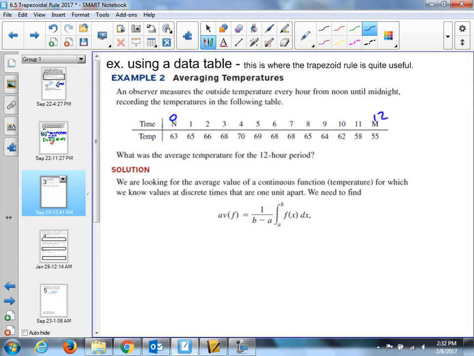Okay? I'm just jotting that down there so I can make sense out of this. And then the temperatures are in Fahrenheit. Okay. And we see what happens. What's the average for the 12-hour period? Average temperature. Now look at this. This is given like x and y.